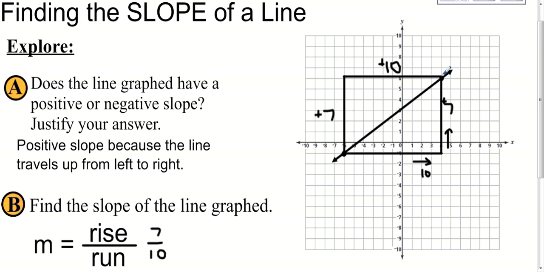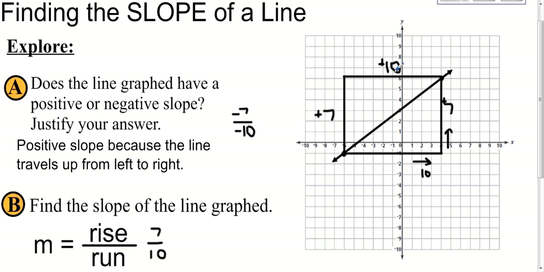I don't suggest this, but you can count from the left, going left. If you counted this way, that would be negative 10. And if you counted down, that would be negative 7. So it would be negative 7 over negative 10, and negative 7 over negative 10 would be a positive. And that's how you could get a little bit confused going that way, because you would go from right to left. So let me just go over that again.